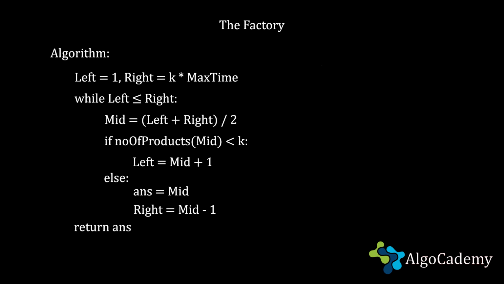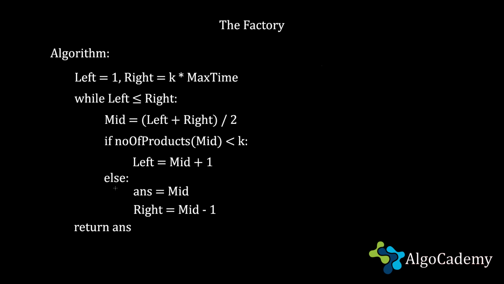Else, if the number of products is greater than or equal to k, this means that I found a possible solution, which is also the smallest one I found so far. Because remember, once I find a solution, I always continue the search on the left half, in a searching area which consists of only smaller values.